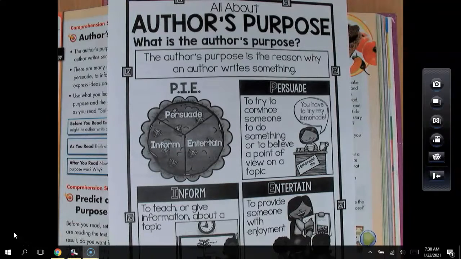Commercials. When you're sitting down watching TV or even YouTube, you might have an ad or a commercial pop up. Those commercials are trying to get you to buy their product, trying to get you to feel the way that they feel, okay, about a product or something.